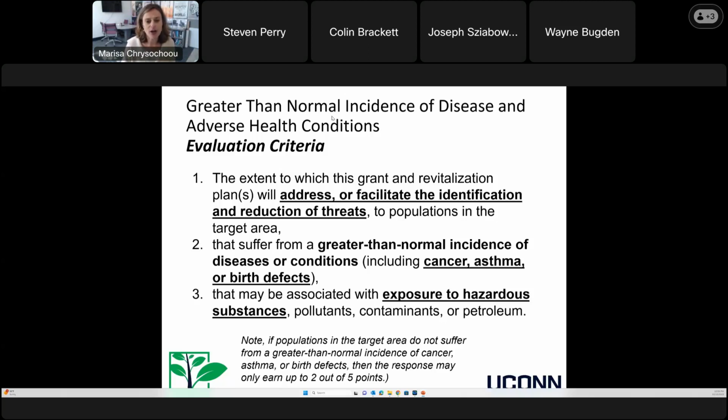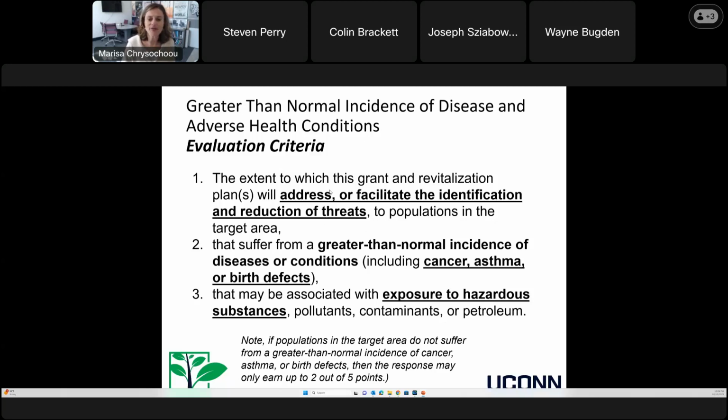So here we are addressing the section greater than normal incidence of disease and adverse health conditions. The evaluation criteria for this section are the extent to which these grants and revitalization plans will address or facilitate the identification and reduction of threats to populations in the target area. So you have to make sure that you put a statement in this paragraph that talks about that.